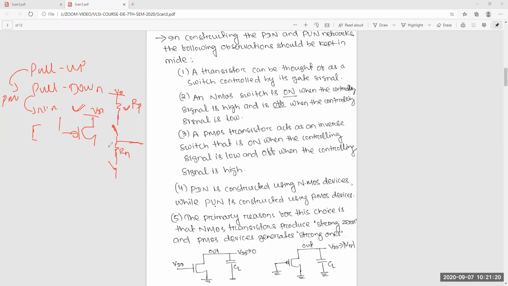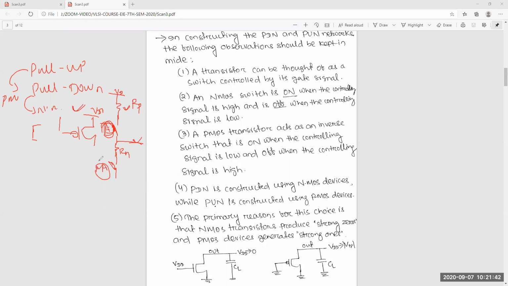This is your output, and this input is a function of, suppose, A, or a single input, so you can give a function of A or A bar. When this input is 1, that means A bar, this part is 0, and when this is 0, this part will be 1.